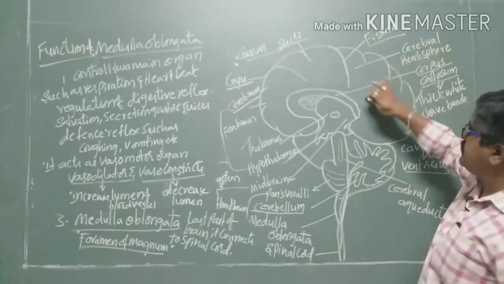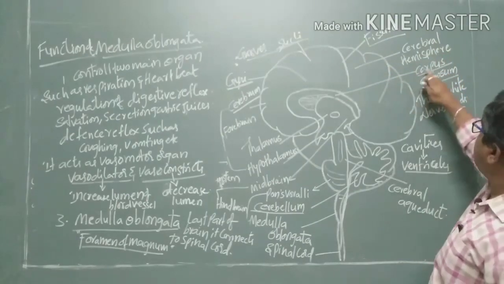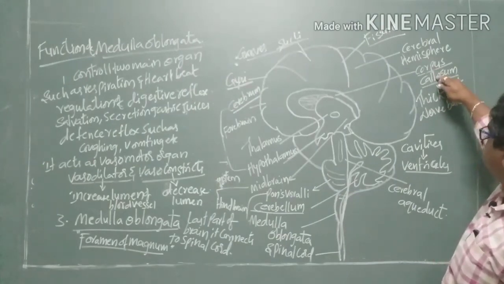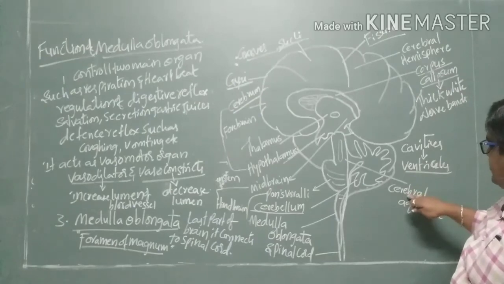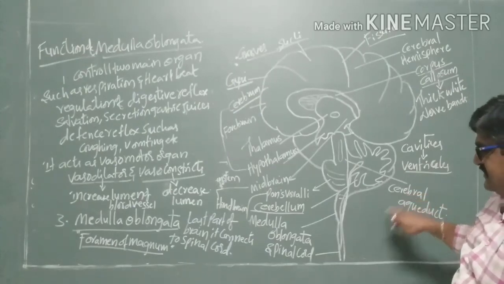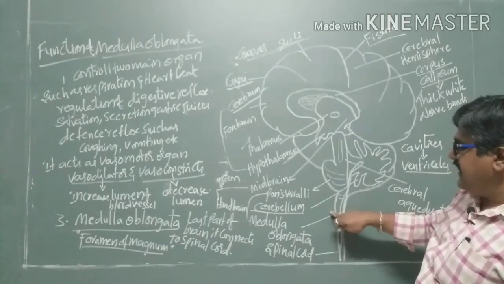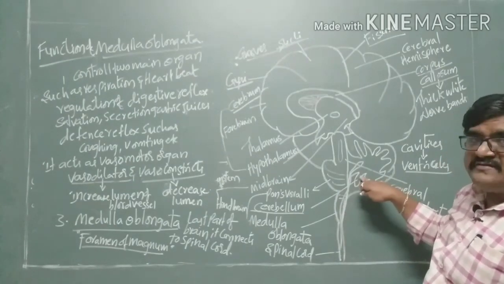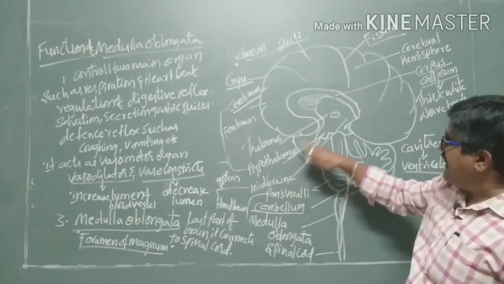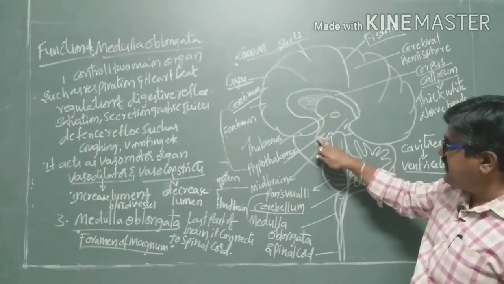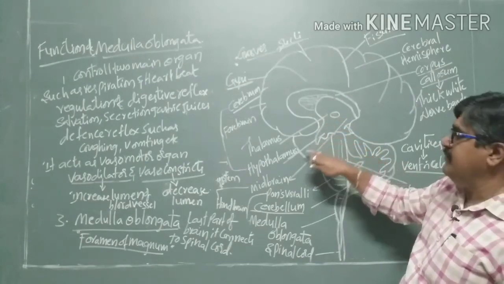It is divided into two cerebral hemispheres, and the corpus callosum is the thick band of white nerve fibers. This is the cerebral aqueduct, this is the spinal cord, this is the pons varolii, this is the cerebellum, this is the midbrain, and this is the thalamus as well as the hypothalamus. The thalamus is in the upper region, and below that is the hypothalamus.